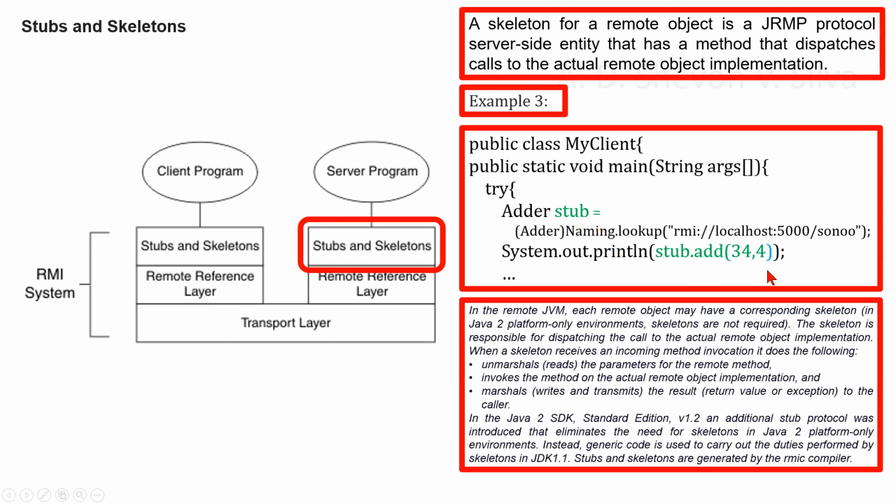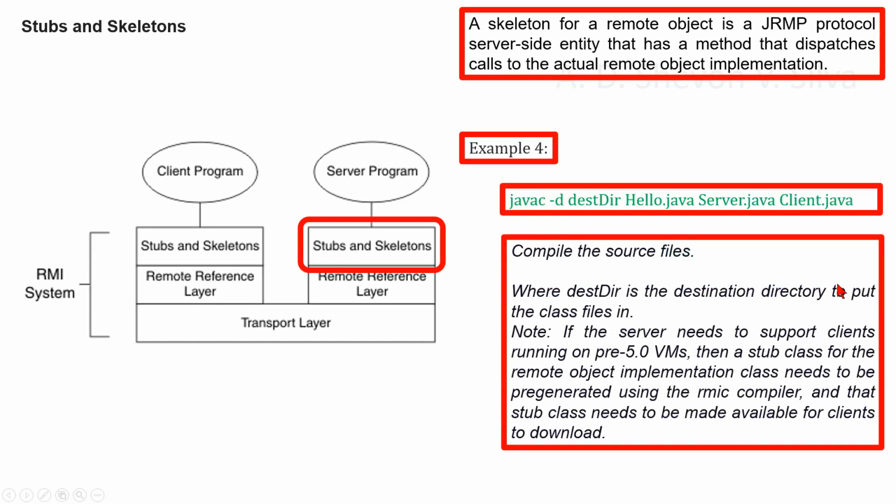Here you can see we can take this as an example for compiling source files, where destdir is the destination directory to put the class files.